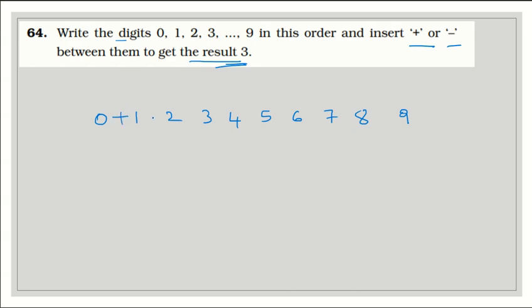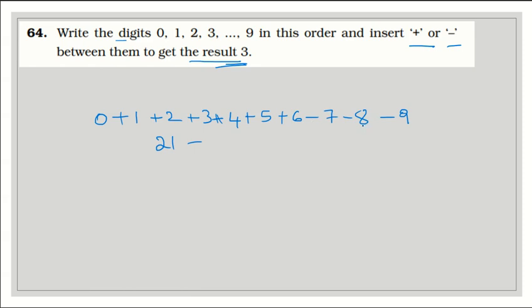One, I am placing here 0 plus 1 plus 2 plus 3 plus 4 plus 5 plus 6 minus 7 minus 8 minus 9. That means the sum of these up to 6 will be 21, and this gives you minus 20.